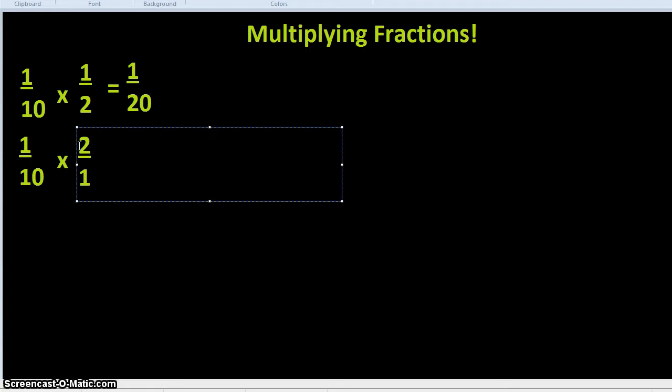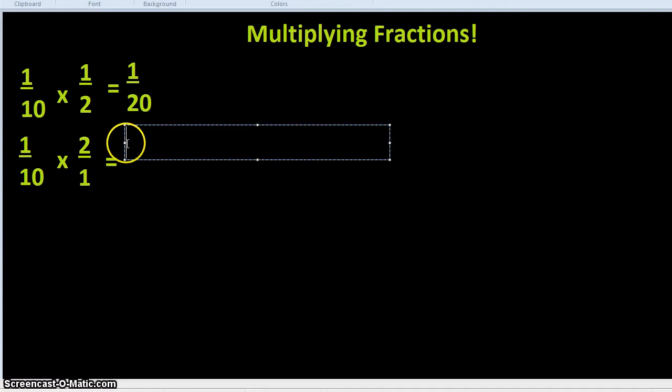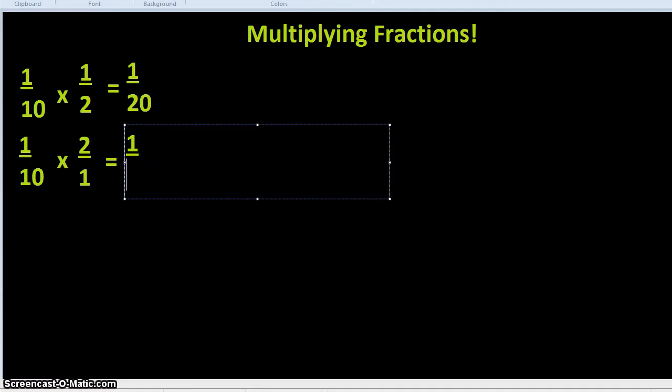So a tenth multiplied by 2 over 1, what would you expect a tenth multiplied by 2 to be? Well, you might expect it to be a fifth, just as if you had a quarter multiplied by 2, it would be a half. So a tenth multiplied by 2 over 1 just equals a fifth.